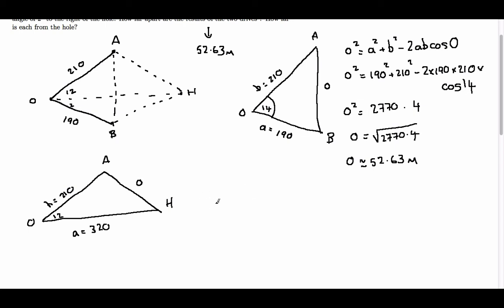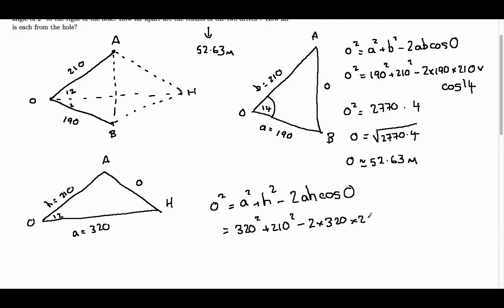So for this case, we get that o squared is equal to a squared plus h squared minus 2ah cos O. So that gives us 320 squared plus 210 squared minus 2 times 320 times 210 times cos of 12.